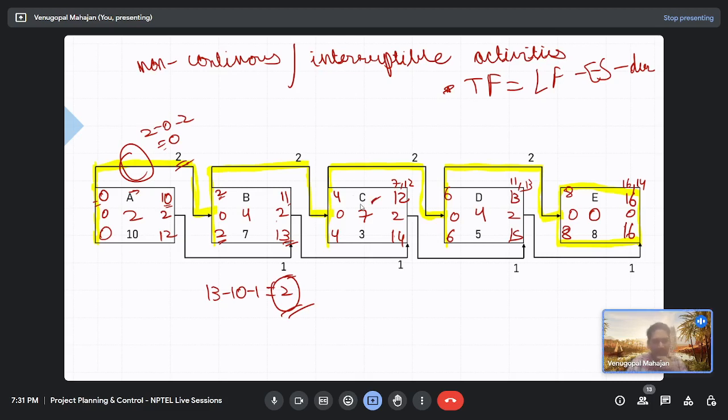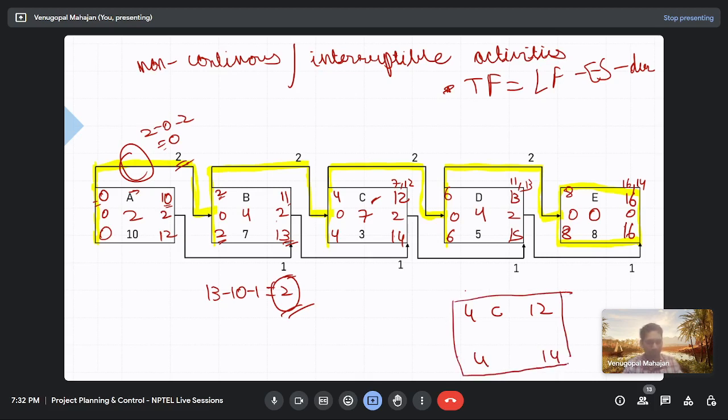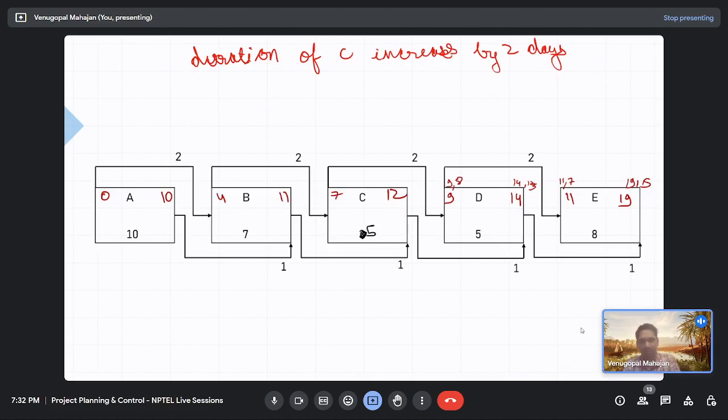We are focused on activity C. Let me bring it out separately. And in the previous case, what was it?